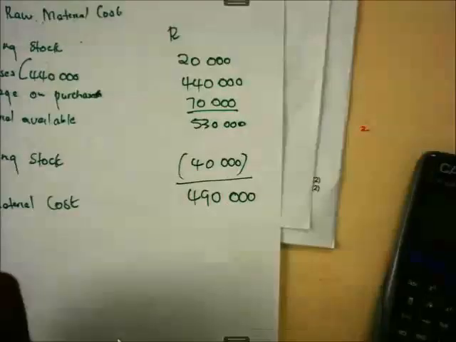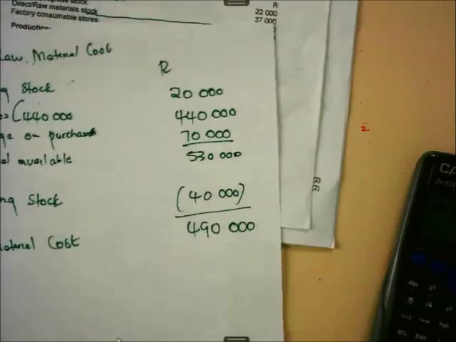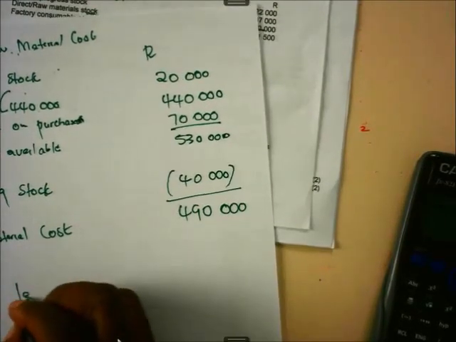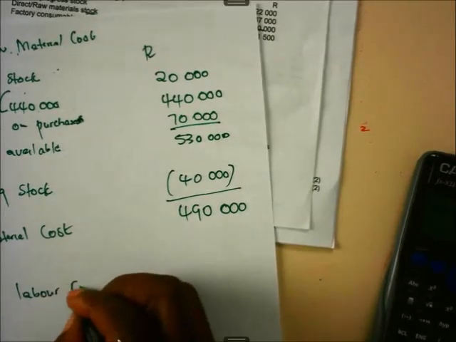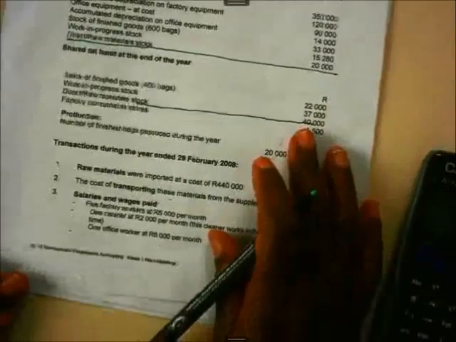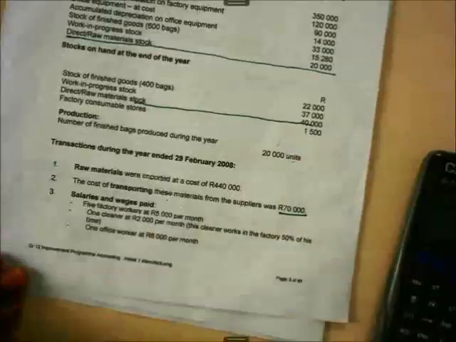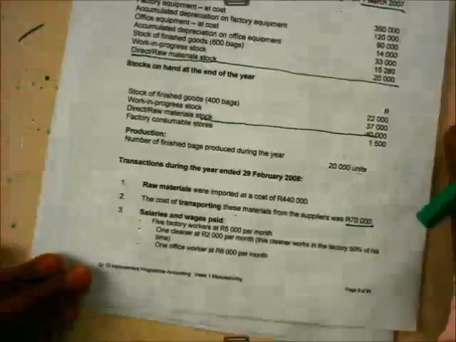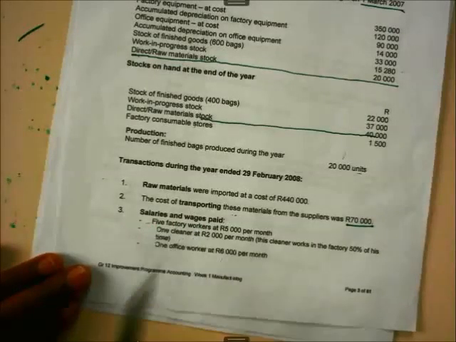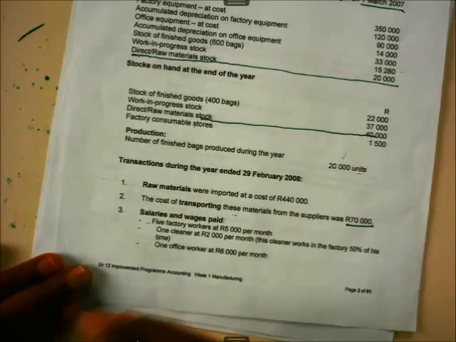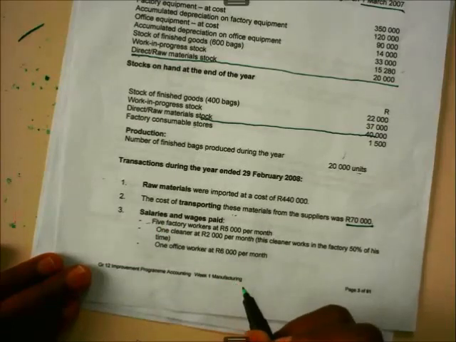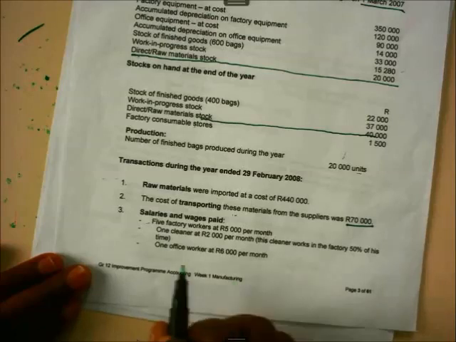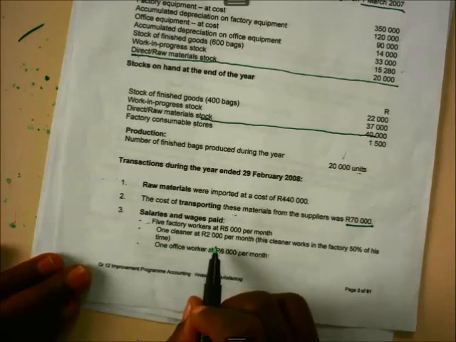Now, another note is a direct labor cost. Transactions during the year. Information number 3. Salaries and wages paid. 5 factory workers at 5,000 per month. 1 cleaner at 2,000 per month.